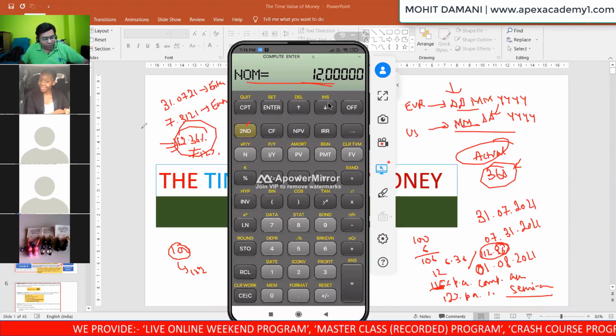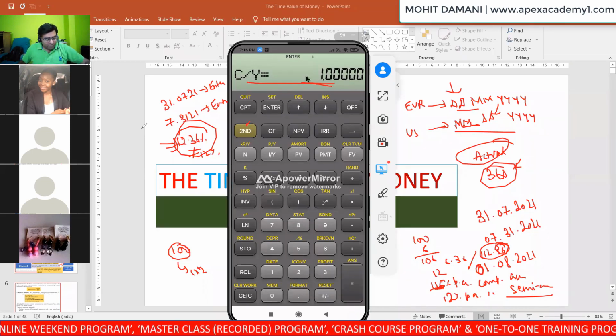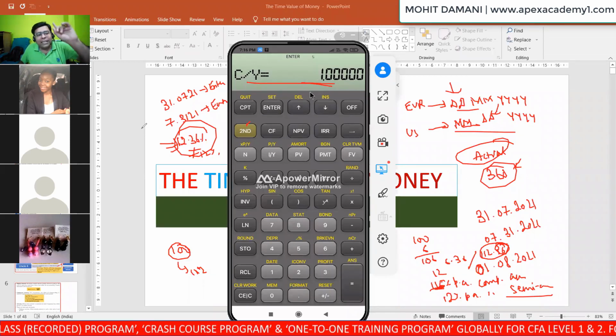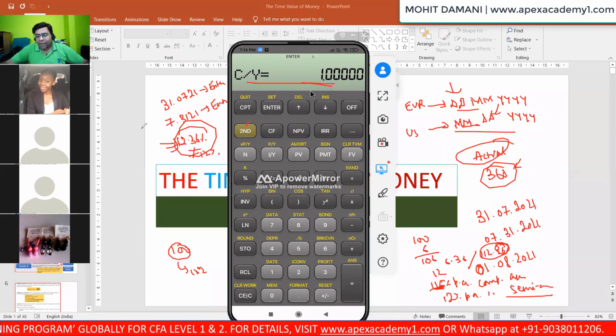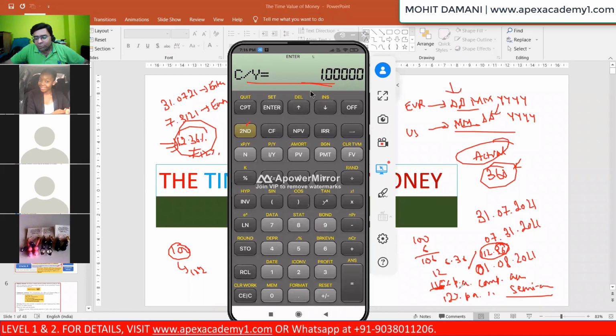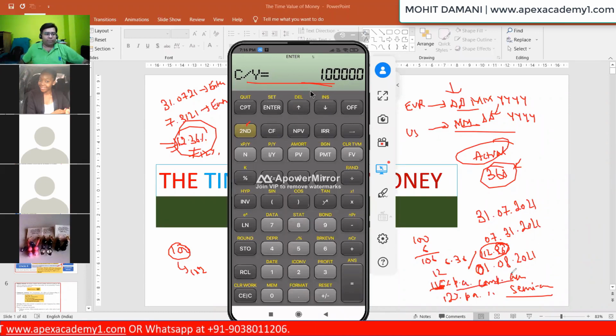I am plugging in situation 1 and I tell the calculator that compounding is happening only once. What am I trying to say? That it is 12% per annum compounded annually. If I go up and press the compute button, it will give me 12.